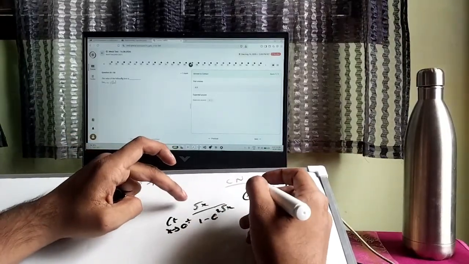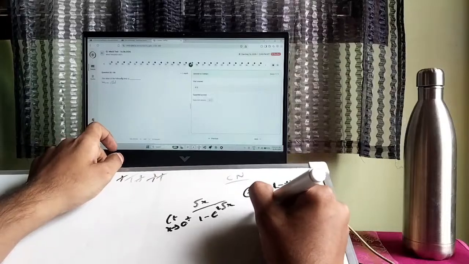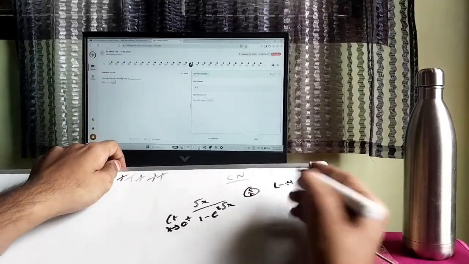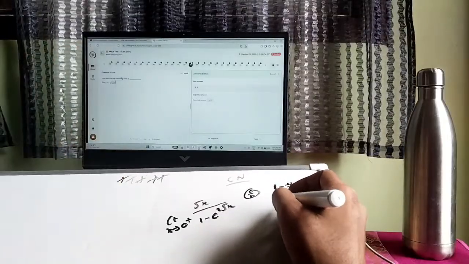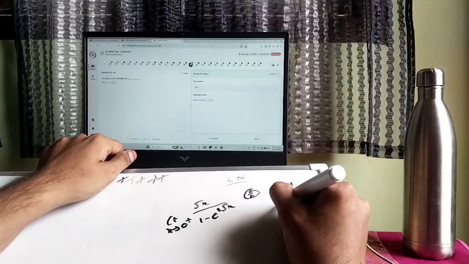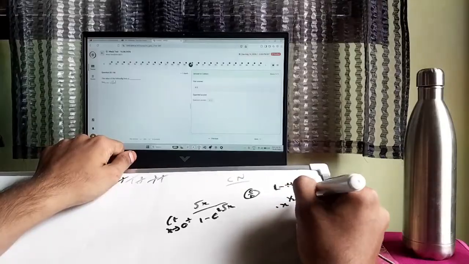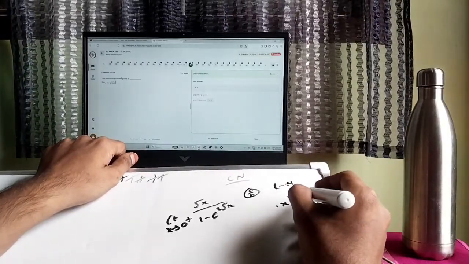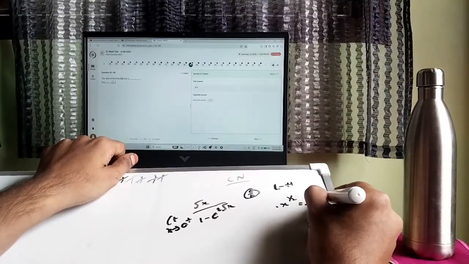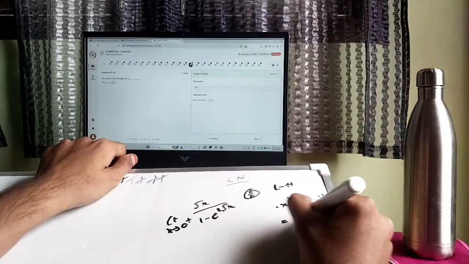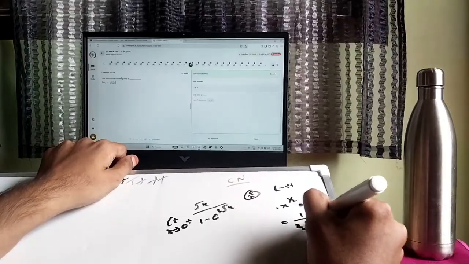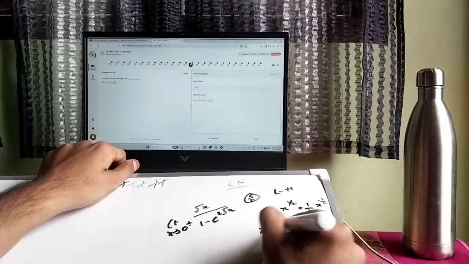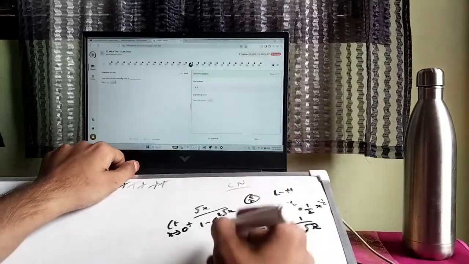If we differentiate root x, I don't remember the formulas as well, it will be 1 by 2 into x power 1 by 2 minus 1, which becomes minus 1 by 2. So d by dx of root x is 1 by 2 root x.